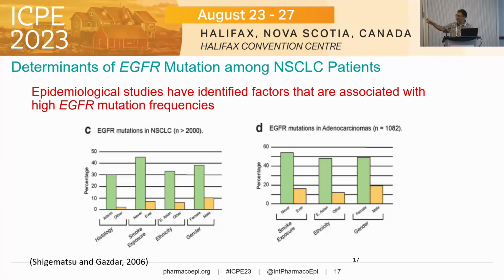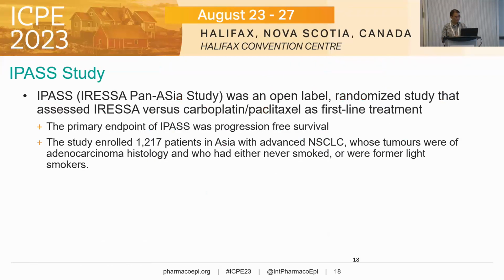The right one shows that in adenocarcinoma patients you see the same thing: light smokers, Asian, and female have much higher prevalence. So those are additional epidemiology data showing the EGFR mutation frequency is actually different.